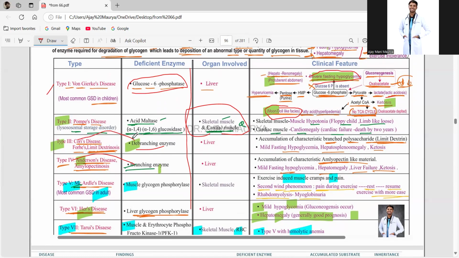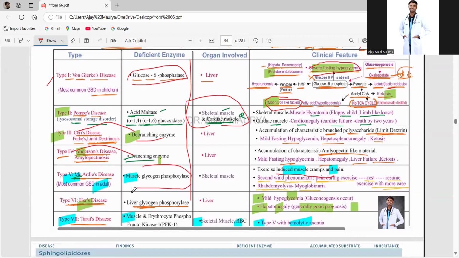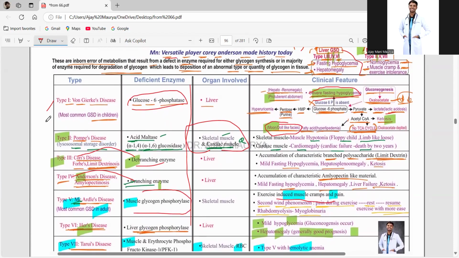They will ask about exercise-induced muscle cramps in a patient, for example a gym guy who got muscle cramps, they will give the history like that. That is McArdle disease, and the enzyme is muscle glycogen phosphorylase. That's how you have to remember. At least remember this.